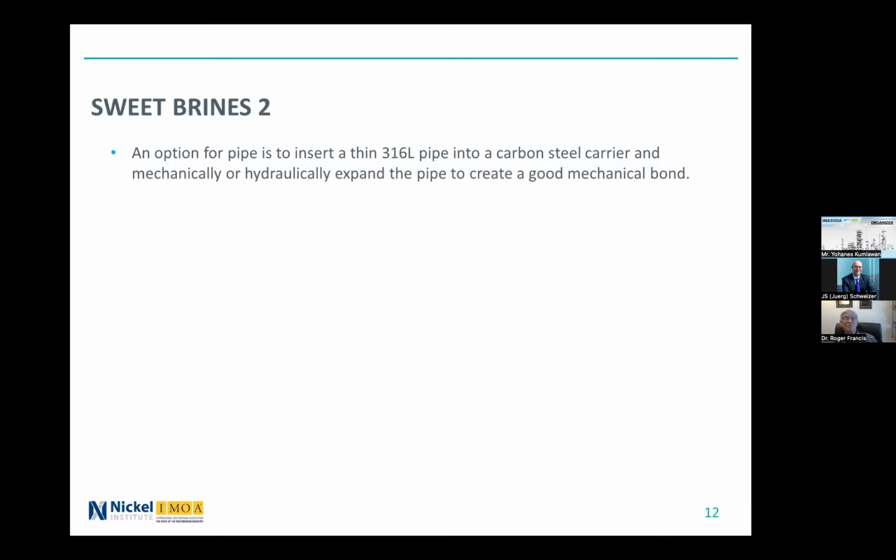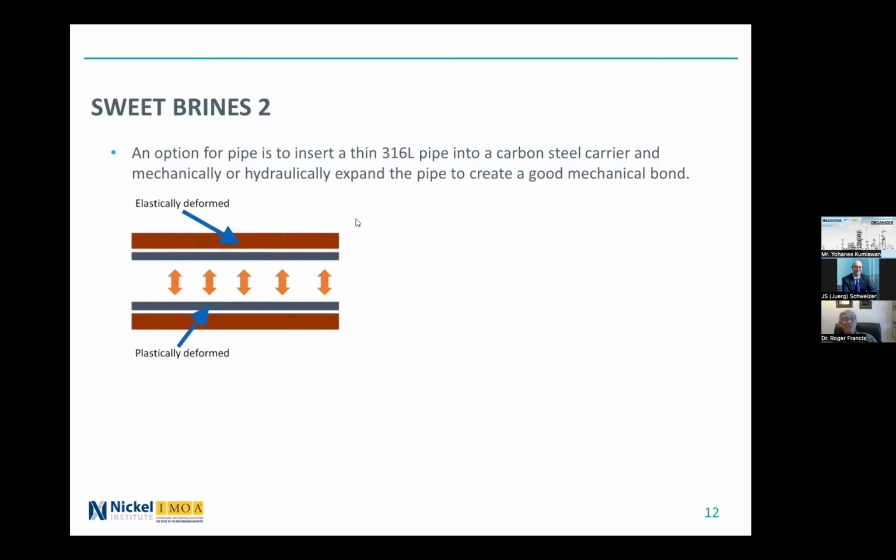Now, one option, if you're making pipe, is to insert a thin 316L pipe into a carbon steel carrier and mechanically or hydraulically expand the pipe to create a good mechanical bond. This picture shows the outer carbon steel carrier, and this thinner stainless steel inner, which is then hydraulically or mechanically expanded.